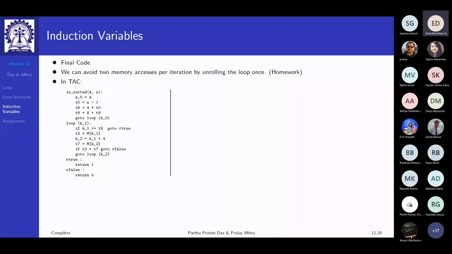Right? So I can optimize this by what is known as unrolling the loop. That is, instead of doing it for one iteration, if we do two iterations of the body one after the other, then we will be able to use T7 as T3.